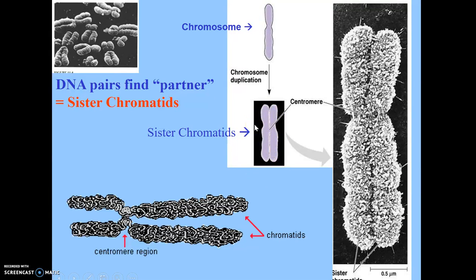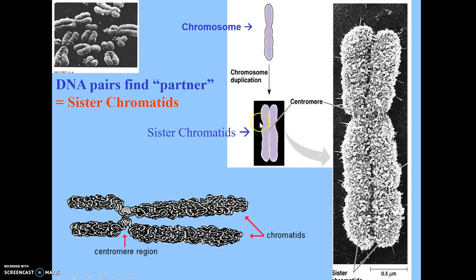I want to name some of these parts, because as we go further into cell division, you'll need to understand these. This right here is our chromosome. When this is duplicated, when it gets copied, and we have the two sides here, they are genetically identical. And so we refer to these as sister chromatids. This would be one sister chromatid, this one over here would be the other.